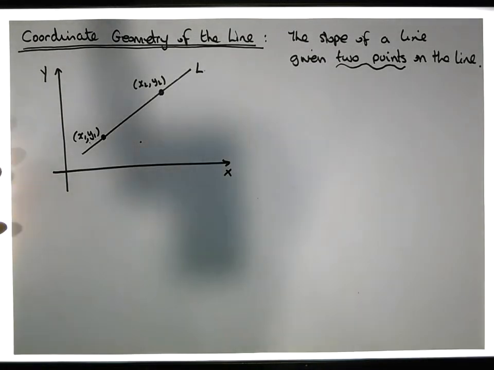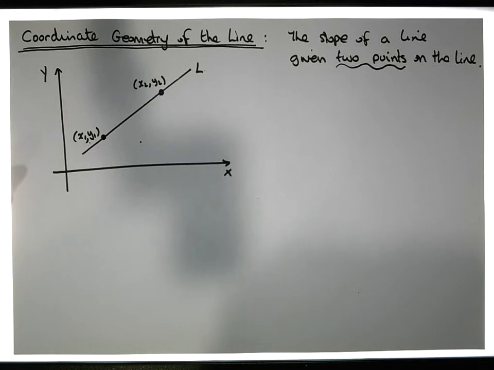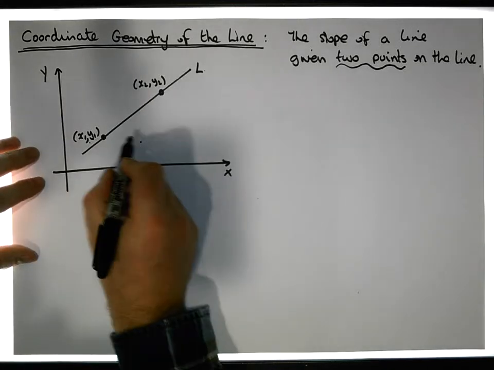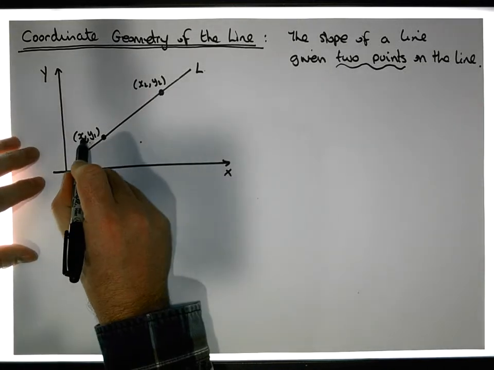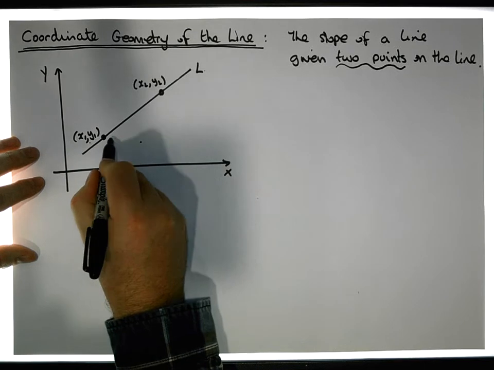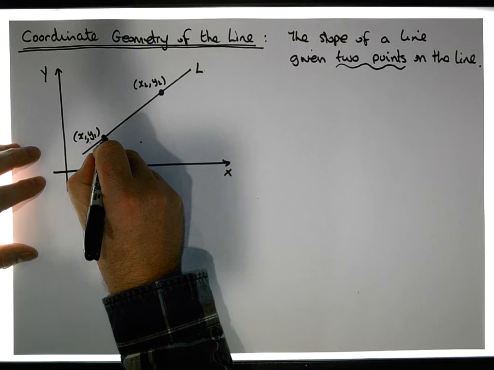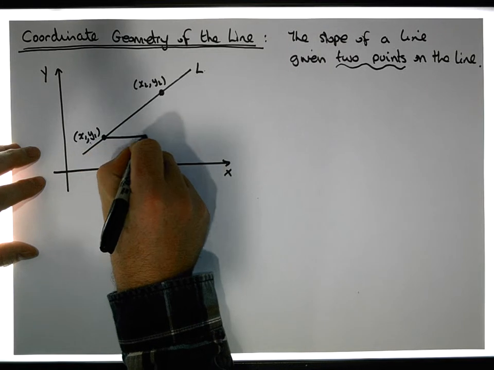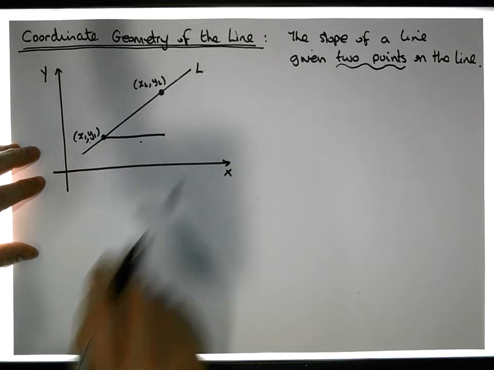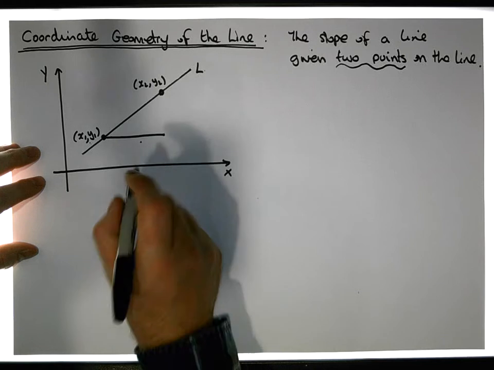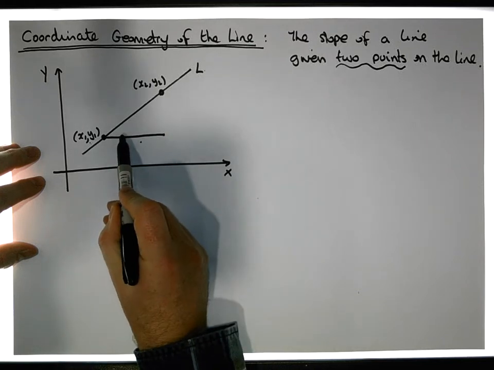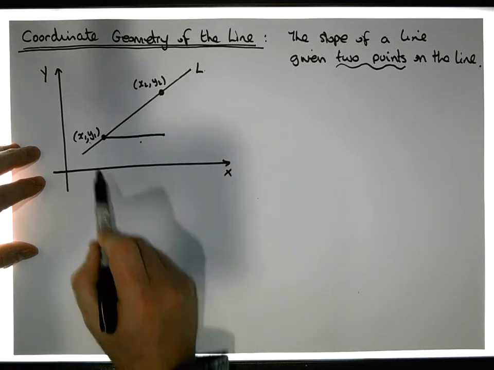First of all, we're going to construct a right angle triangle here. We take this point x1, y1 that's on the line L, and we continue across in this direction, parallel to the x-axis.